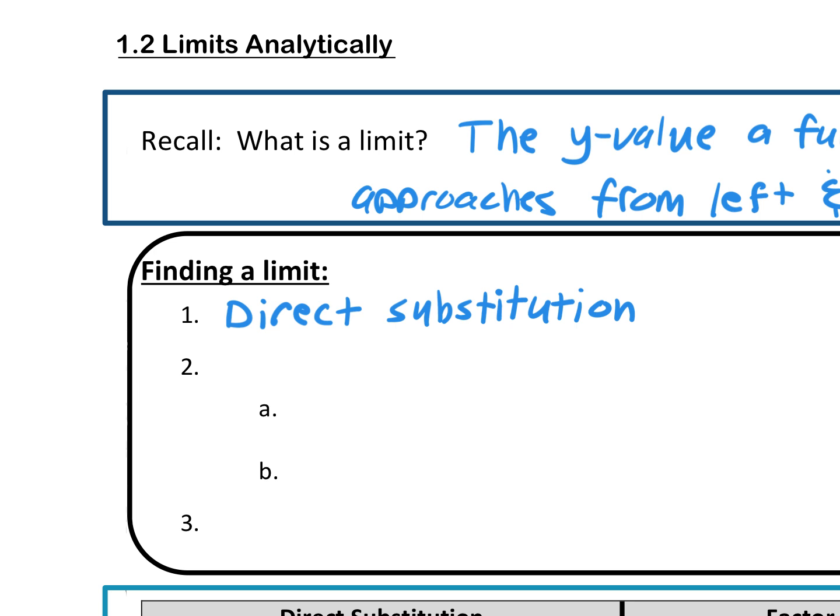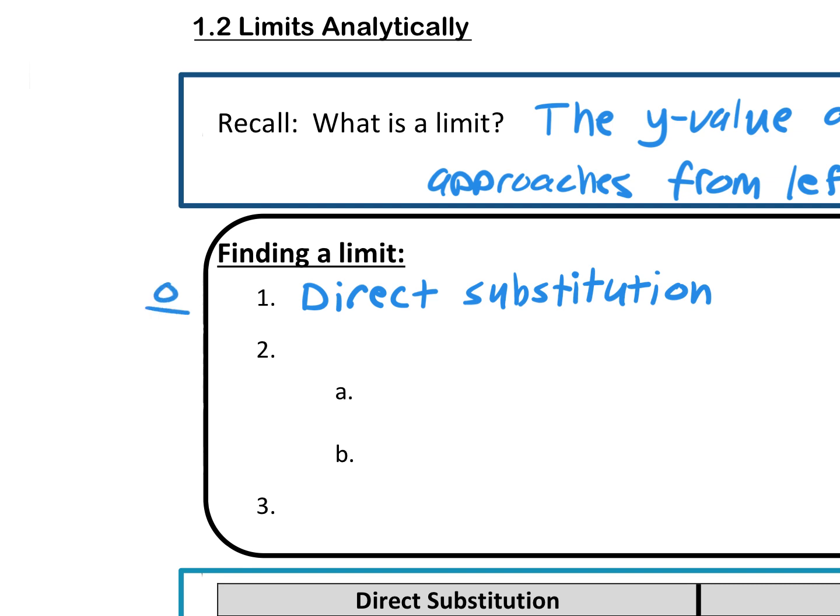All right, the next thing, let's say you plug something in right away and you get something strange. You cannot just say the limit doesn't exist. The most common problem that you guys are going to run into when plugging in the value in direct substitution is you're going to get a 0 over 0, maybe.